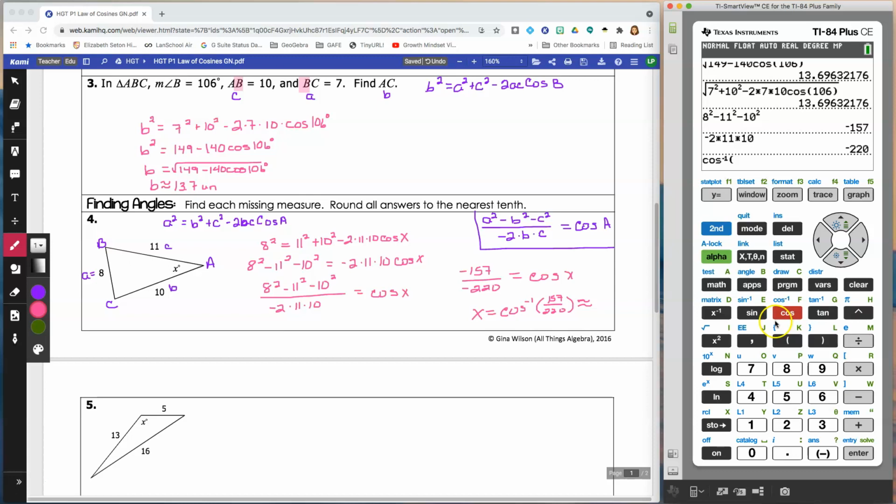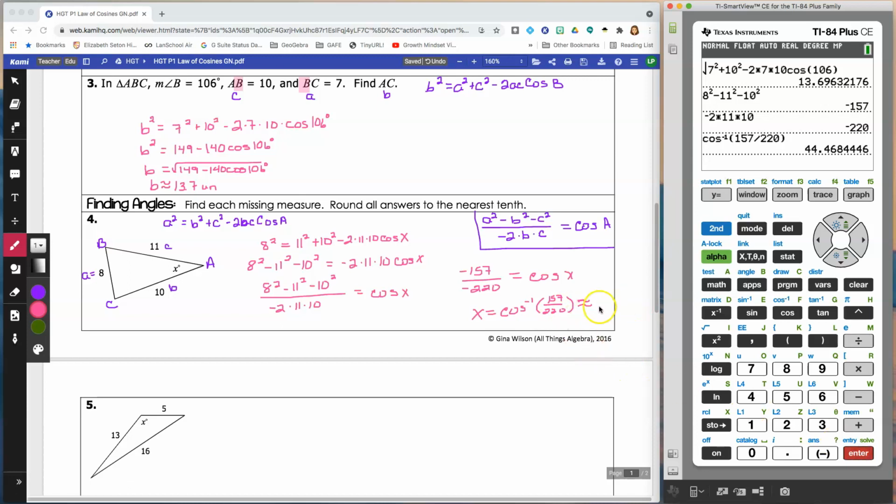So I have the second cosine, that's my cosine inverse, 157 divided by 220. Close my parentheses and enter, and rounded to the nearest tenth, I round the 4 in the tenths place up to a 5. So this means that I have an angle that's approximately 44.5 degrees, right? I do know the units for the angles, so it is degrees.